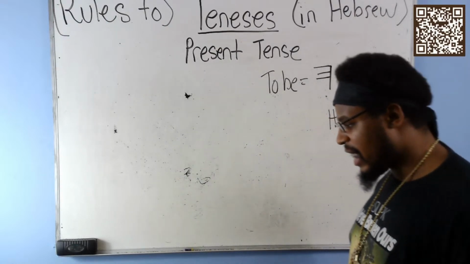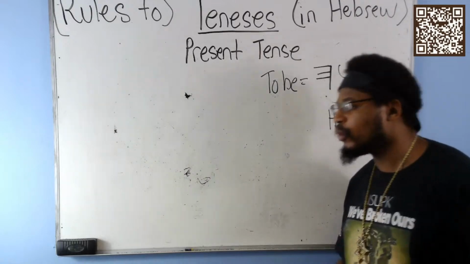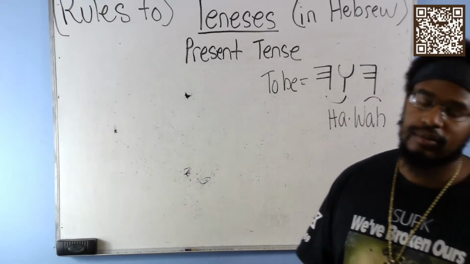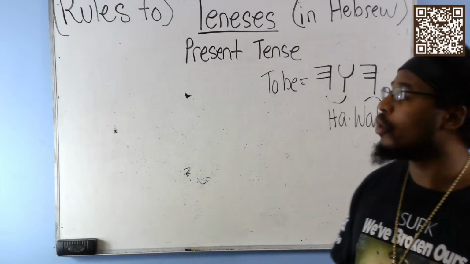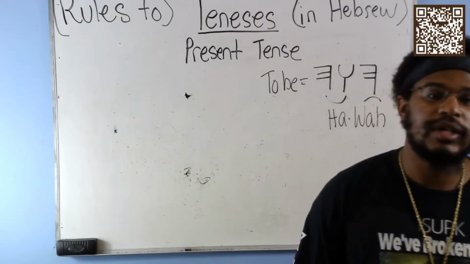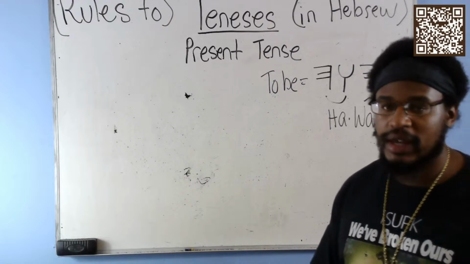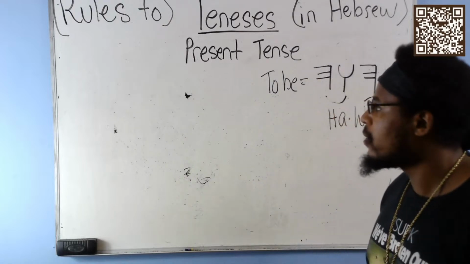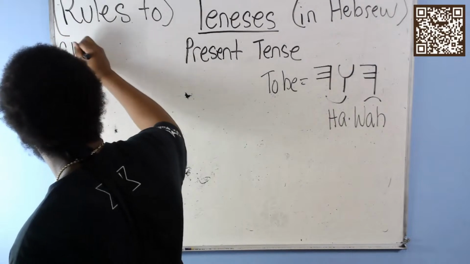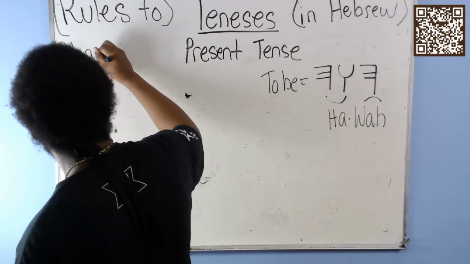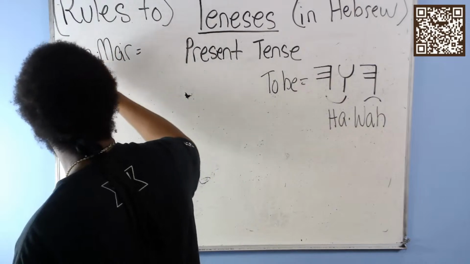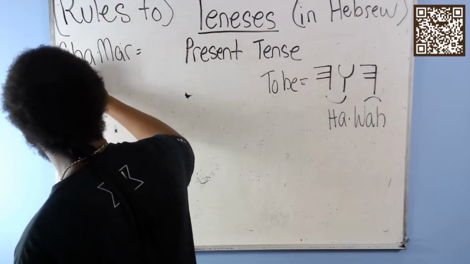Okay. Now, we're going to use the verb shamar as the main verb to break down the present tense and past tense. So I'm going to put shamar right here. Shamar. It means to watch.